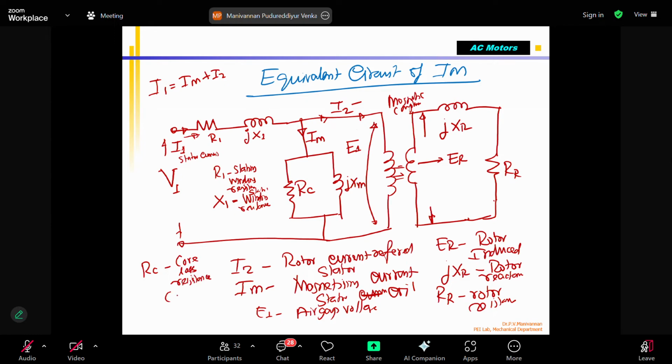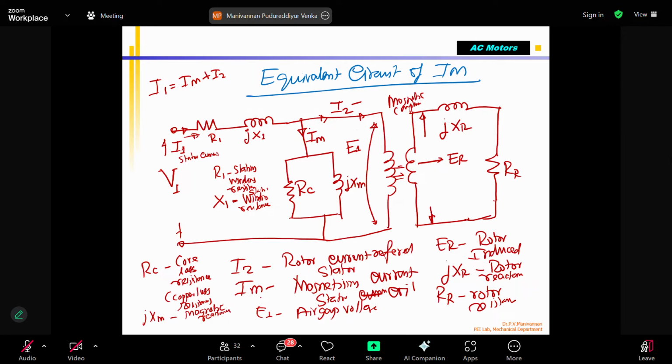Sometimes it is also called copper loss resistance. And jXM is called the magnetizing reactance. Magnetizing reactance is this part.